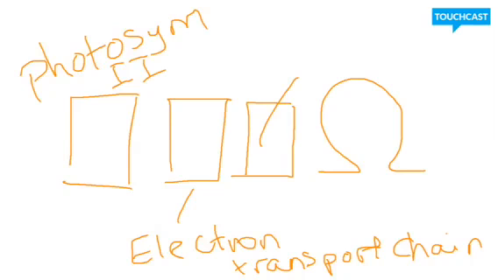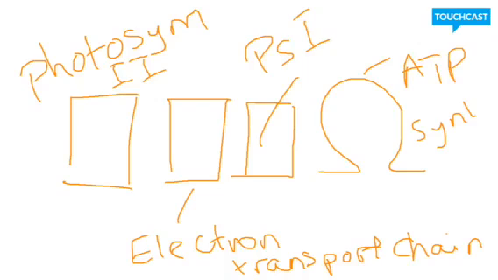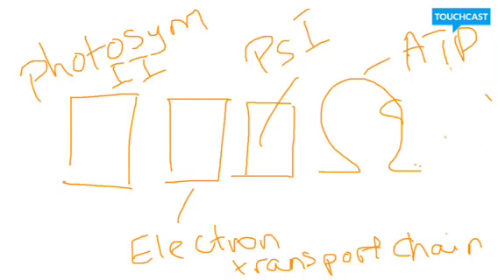This is another photosystem, but it's called photosystem 1. And here you have ATP synthase. ATP synthase is an enzyme responsible for making ATP.